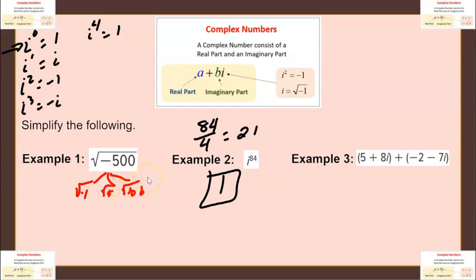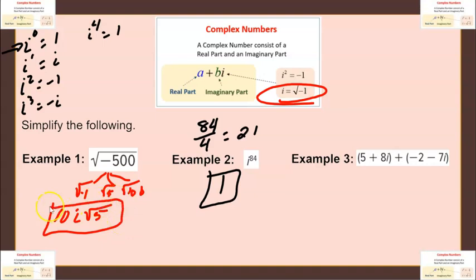Now the square root of -1 is i, so I know I'm going to have an i here. The square root of 100 is a perfect square, so that is 10. And then all I have left is the square root of 5. So my answer would be 10i square root of 5.